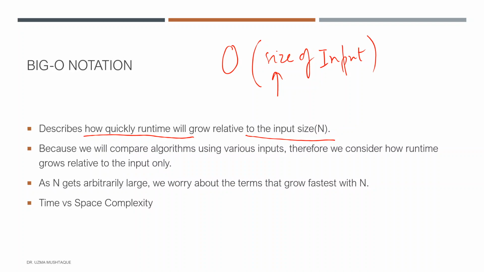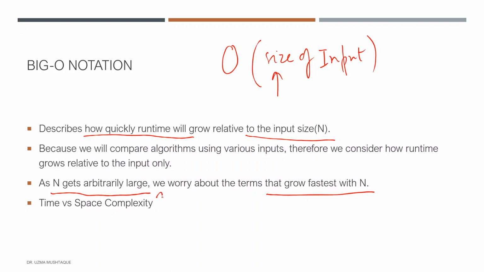This is important, as we just saw, in order to theoretically compare two different algorithms that are performing the same operation, and find out which one is more efficient than the other. Also, as the size of the input grows and becomes really large, we worry about the terms that grow fastest with n.